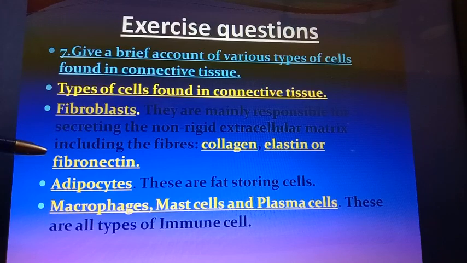These are the fibers present in the connective tissue. Next is adipocytes cell. These are the fat storing cells. And lastly macrophages, mast cells and plasma cells. These are all types of immune cells.